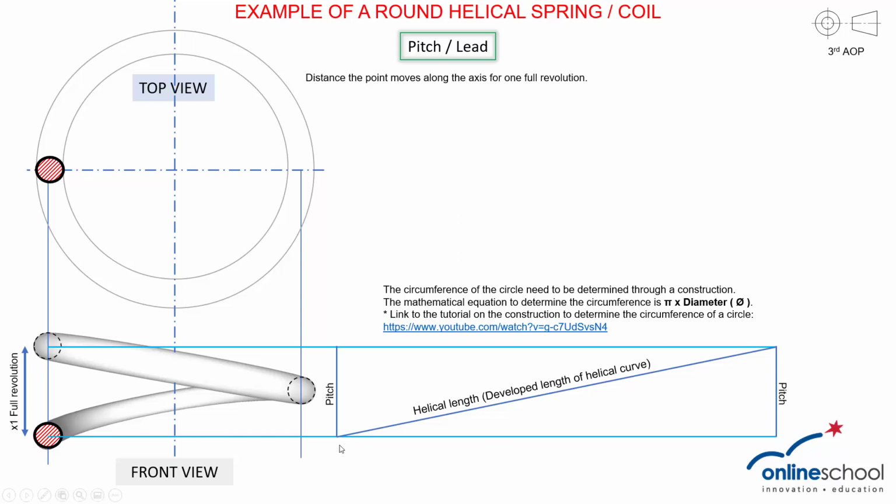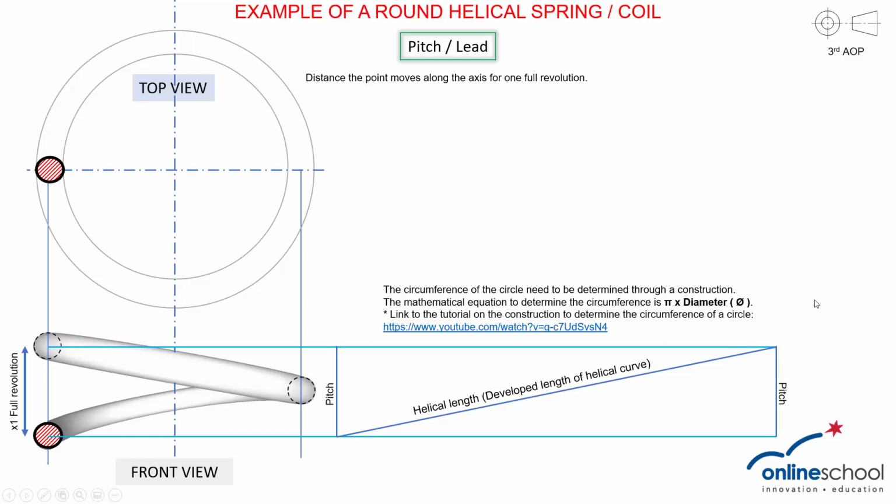We will take the distance from the lowest point of our helix, that is in this case from the center point of the helical coil, and we will then project that to the highest point of that full revolution, which means that is also going to be at the center point of our coil spring after we have 1 full revolution. Please note that 1 full revolution is known as a pitch or a lead. That is the movement of a helix through 12 equal segments.